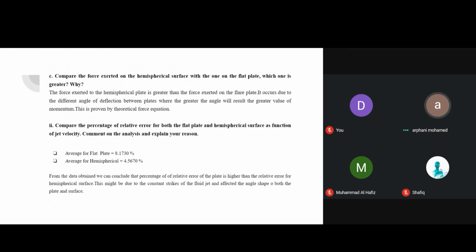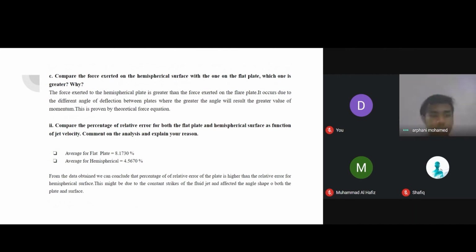For the second Roman question, compare the percentage of relative error for both the flat plate and hemispherical surface at velocity, and comment on the analysis and explain the reason. So for the flat plate, the average percentage error is 8.1730%, and for the hemispherical it equals 4.5670%.